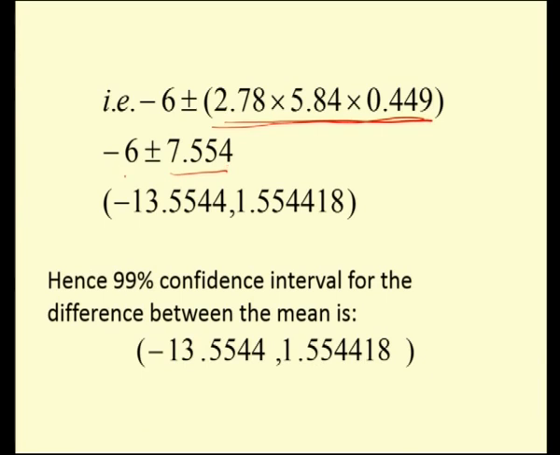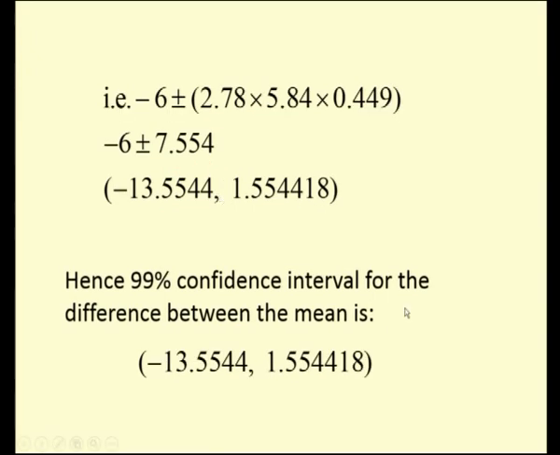So here minus 6 plus 7.554 will give you 1.554, minus 6 minus 7.554 will give you minus 13.554. Hence the 99% confidence interval for the difference between the means is minus 13.554 and 1.554.